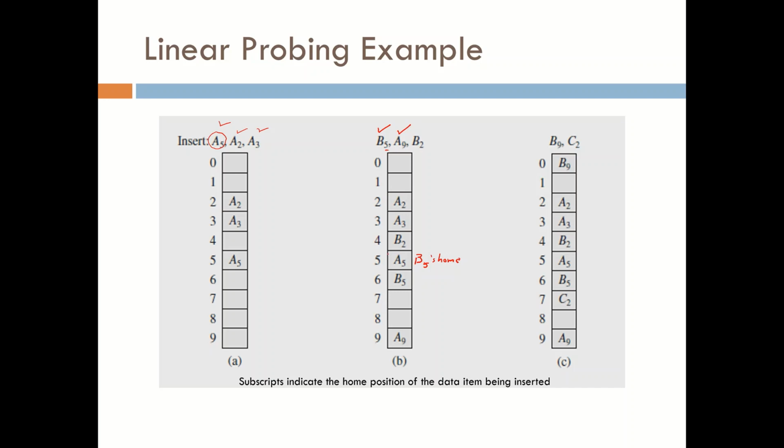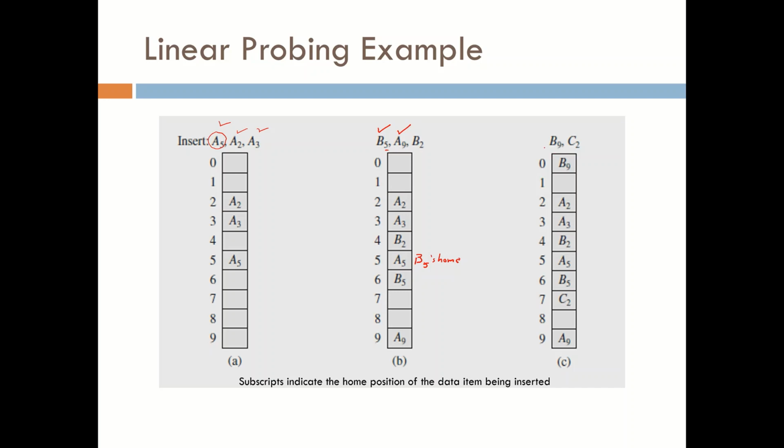That takes me to location 3. Location 3 is already taken up, so I have to add my second probe, i.e. adding 2, before I can actually home data item B2. We'll just keep following that approach as we get data into the table.